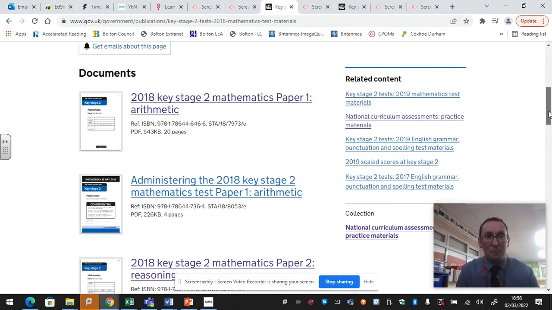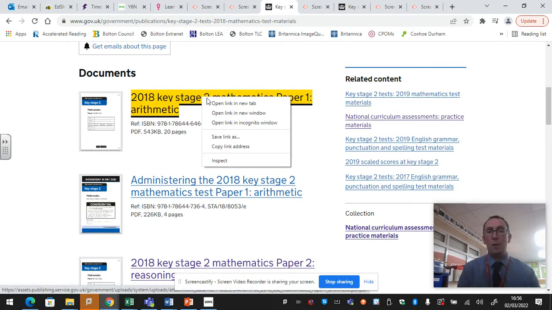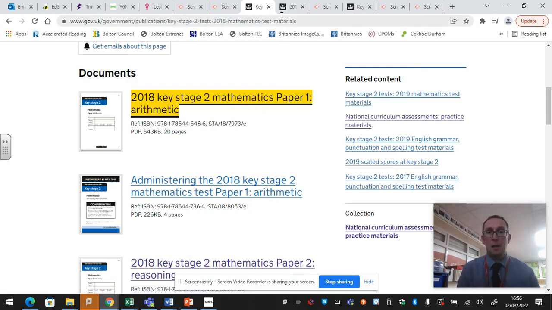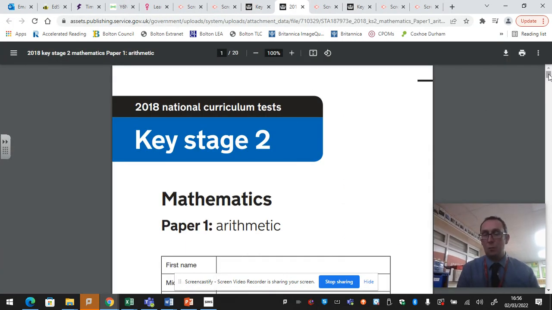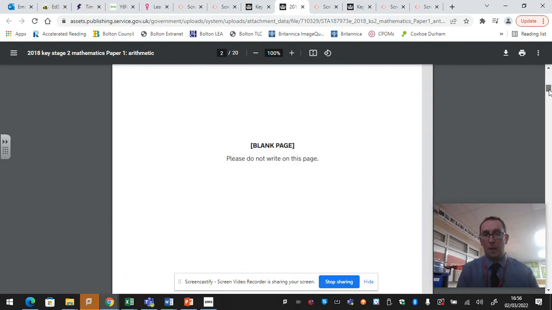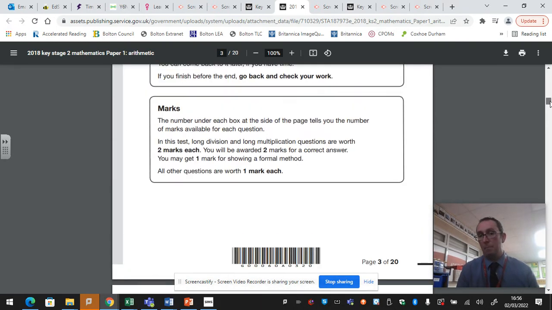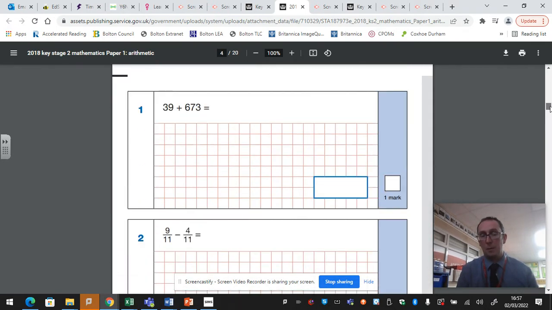So basically, what you would do if you want to have a look at what the arithmetic paper is like, open the link, okay, and it gives you an exact replica of an arithmetic SATs paper, okay, of what's expected of your child.